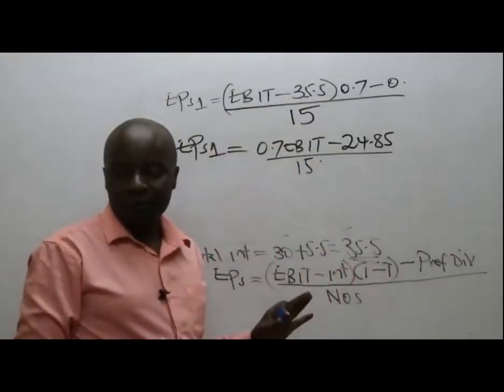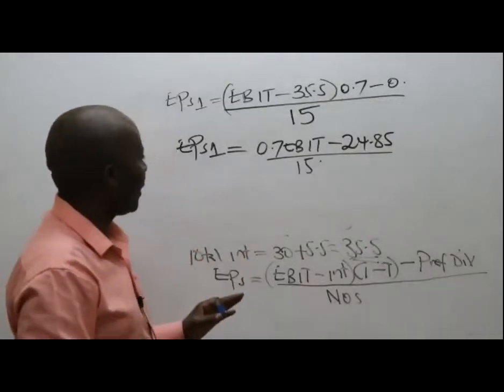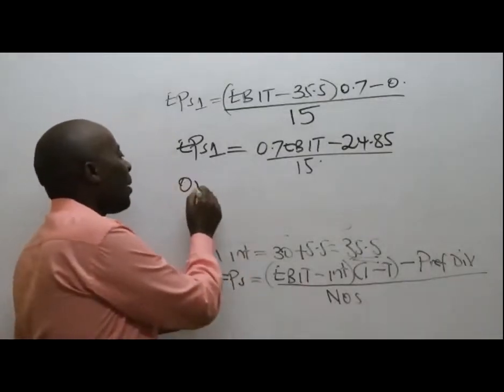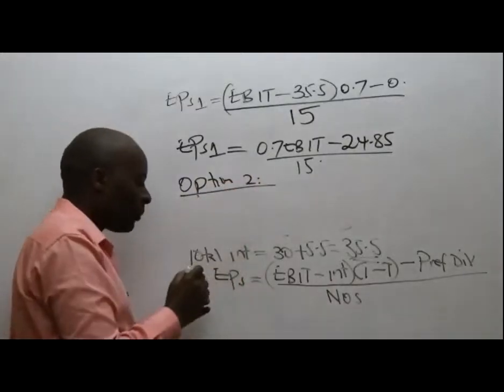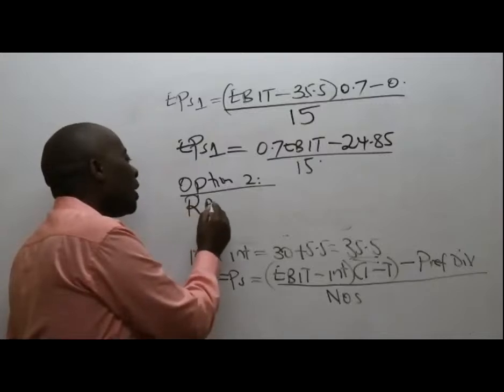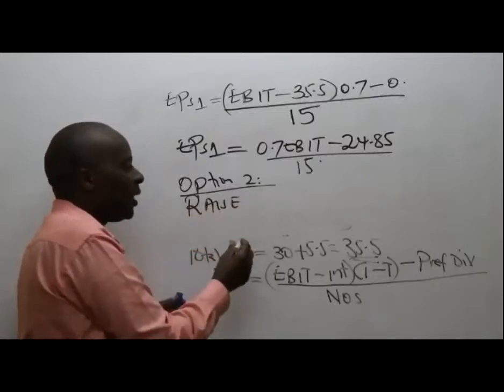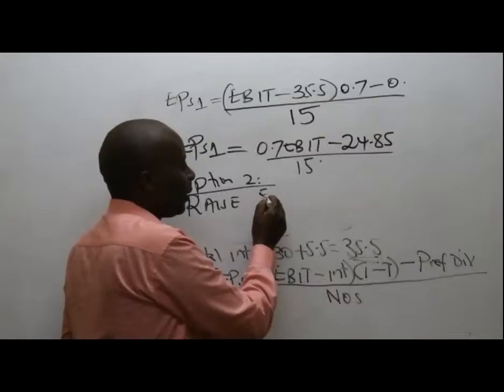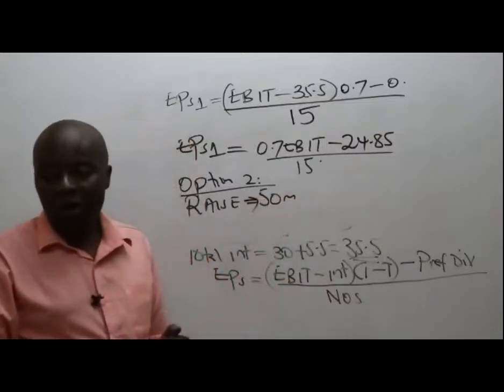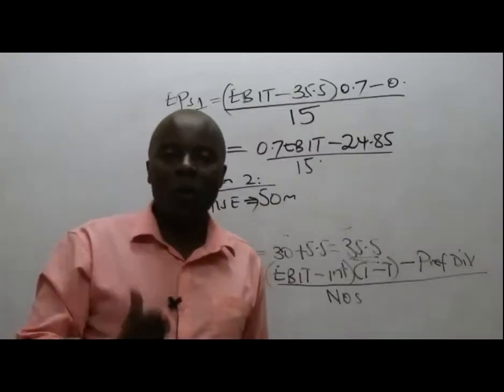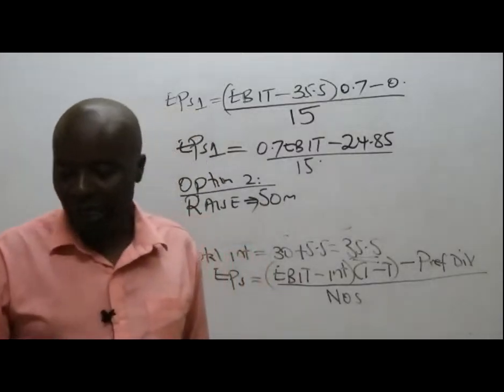Now, ladies and gentlemen, listen. Look at what is going to happen in option number 2. Remember, we are still looking at raising shillings 50 million. But this time round, which criteria do they want us to use to raise this money?